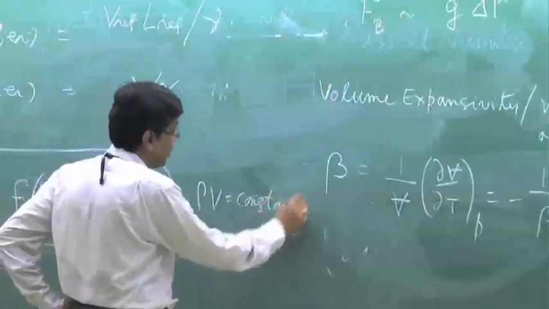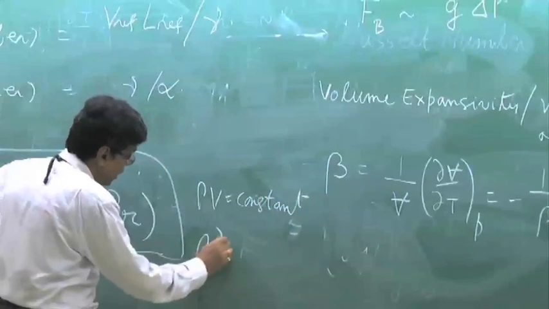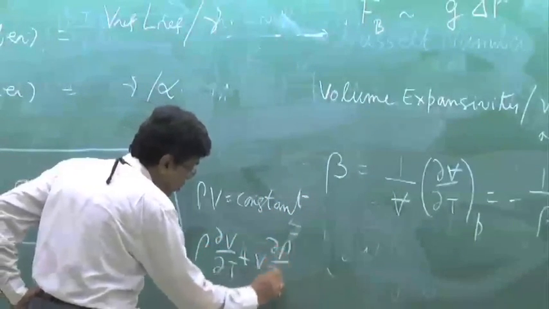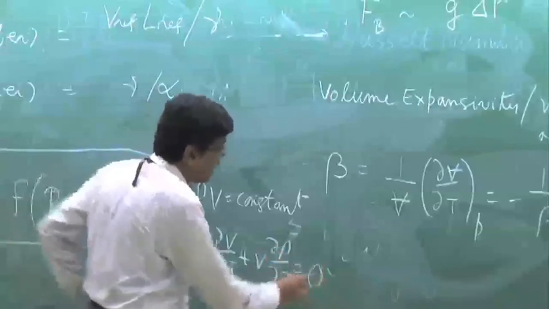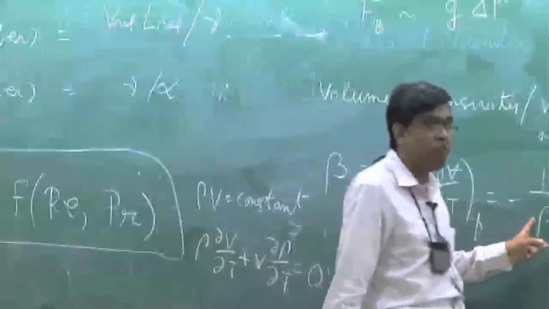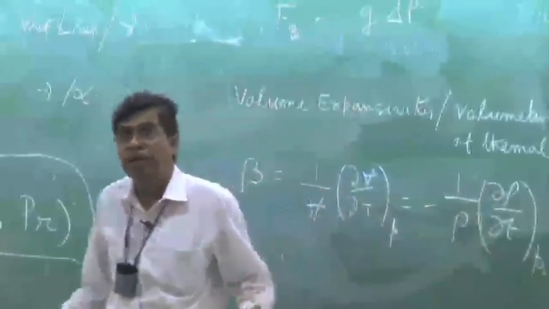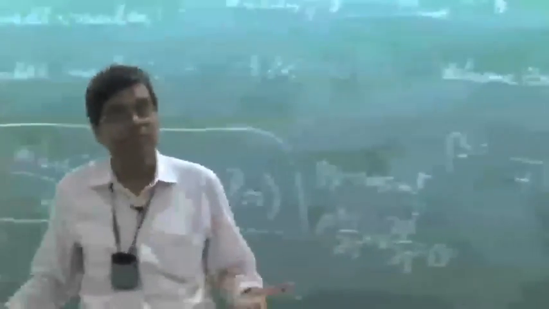So therefore, rho del V del T plus V del rho del T is 0. And this minus sign takes care of the sign of del rho del T, so that beta as a scalar coefficient is always positive.